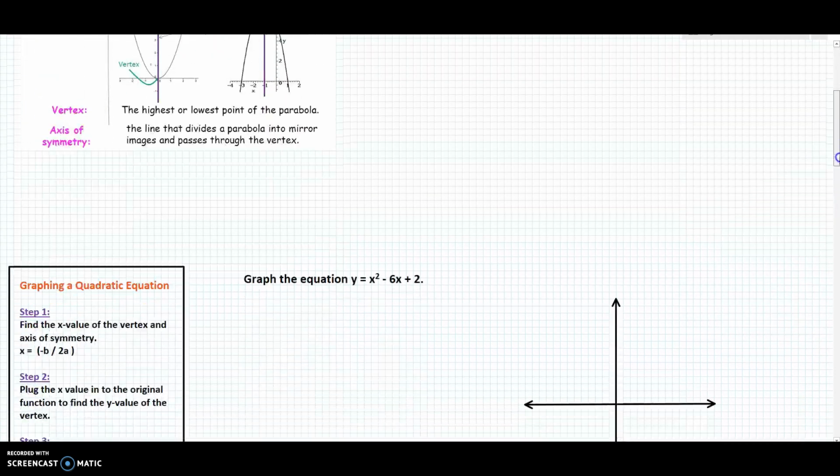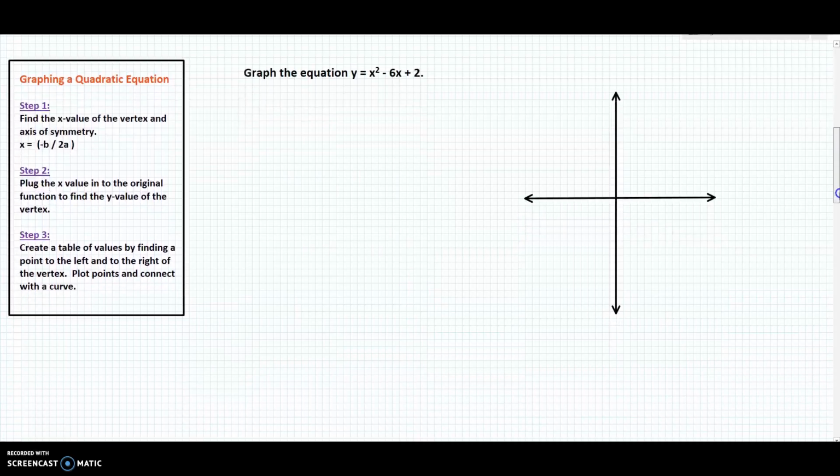So let's take a look at our first example. When we are graphing a quadratic equation, we can do so in 3 easy steps. The first step is to find the x value of the vertex and the axis of symmetry, and we can do that by finding the value x equals negative b over 2a.